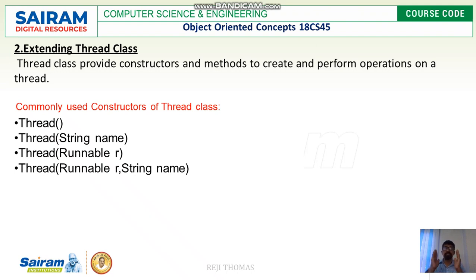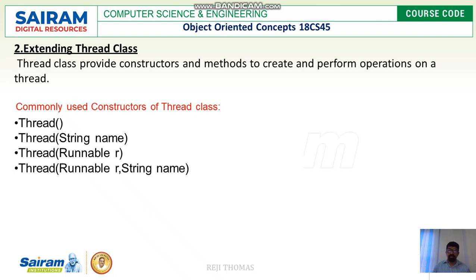So when it is a class, obviously it is going to provide different constructors and methods to create and perform operations on a thread. Otherwise we need not use it, right? So we know that there is a class called Thread, and if it is a class, obviously it has got many methods and constructors, so we should know when to use what.